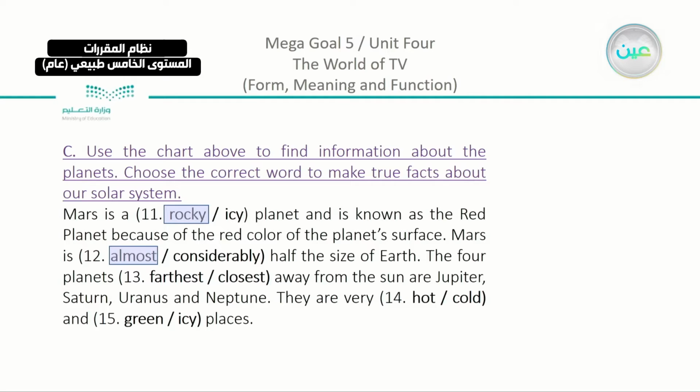And the 4 planets farthest away from the sun are Jupiter, Saturn, Uranus, Neptune. They are very cold, and of course with cold we have here icy. So just revise and try to relate what you have here. The adjectives, do they go together or not? So if you chose cold at the beginning, of course it is going to be related with the word icy.